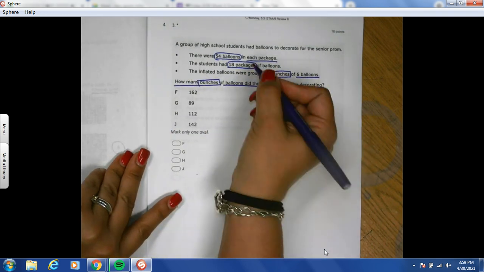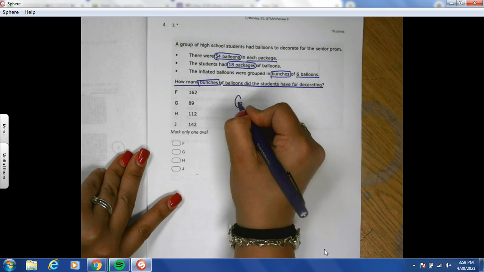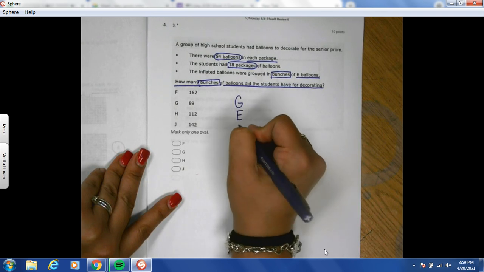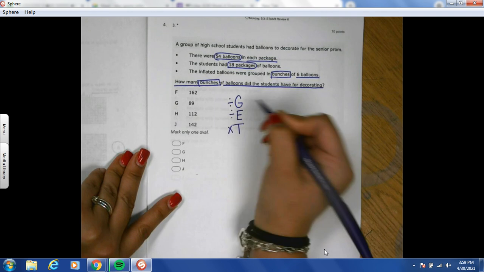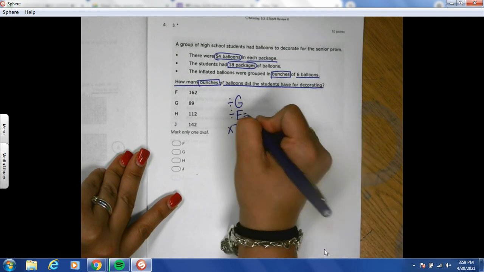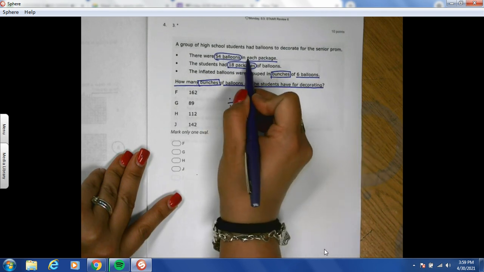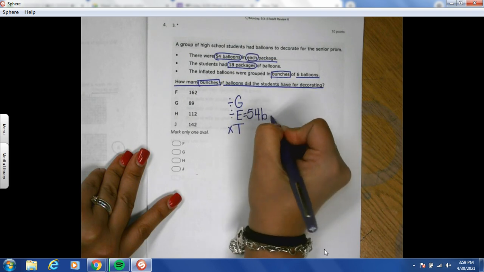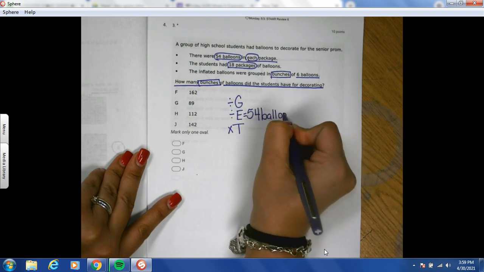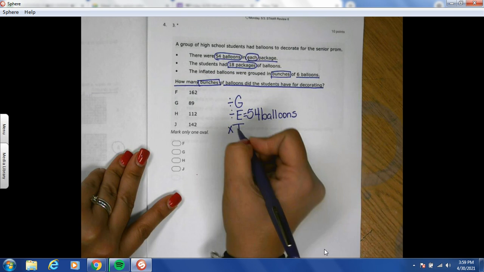All right, so since I see the word each, I need to do Groups, each, total. So I know that there's 54 balloons in each packet. And what have I told you?